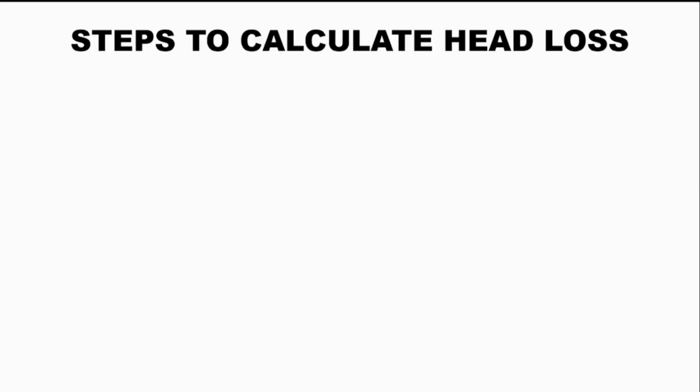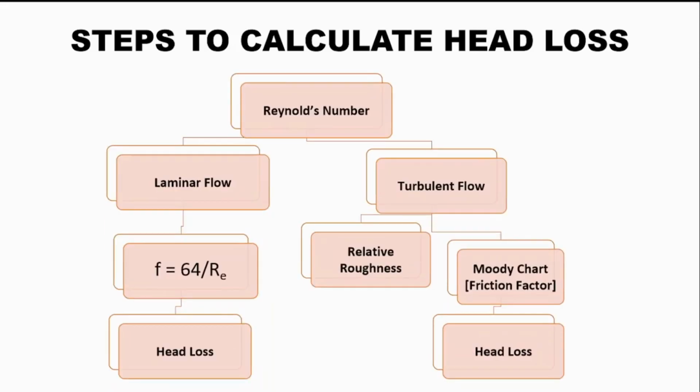Before we continue, it is important to look at the steps that we use to calculate head loss. If you can understand these steps, you will be one way ahead in solving any question on head loss due to laminar flow. So here are the steps we use to find the head loss. The first step is to find the Reynolds number.